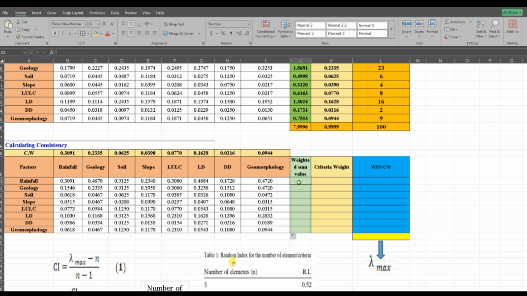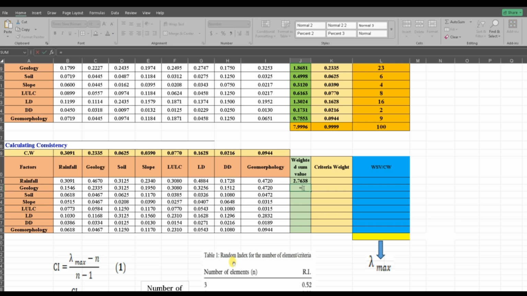Now, after calculating and filling all the cell values, we'll calculate the weighted sum value. The weighted sum value is calculated as the sum of each row. The value of this cell is equivalent to the summation of the first row, or rainfall row, which is equivalent to 2.76.